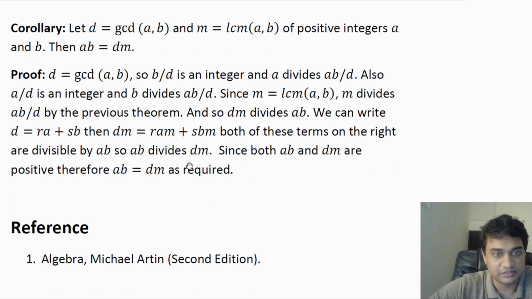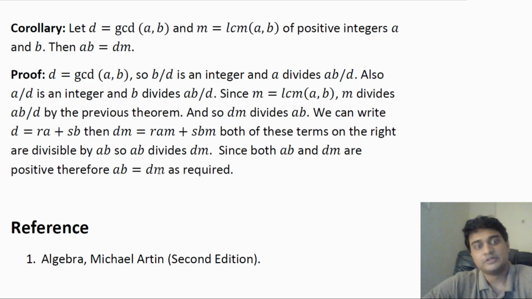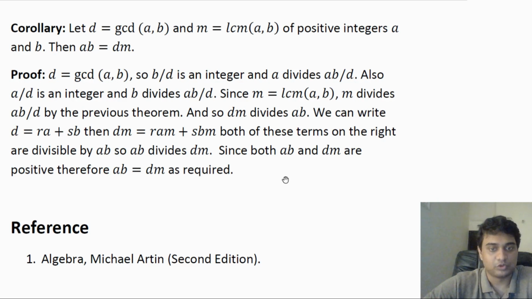AB divides DM. First we showed that DM divides AB, and then we showed that AB divides DM. So each of them divides the other. AB and DM both divide each other, and both are positive.